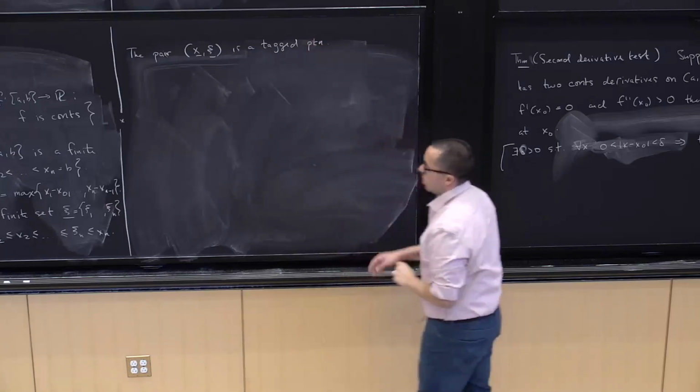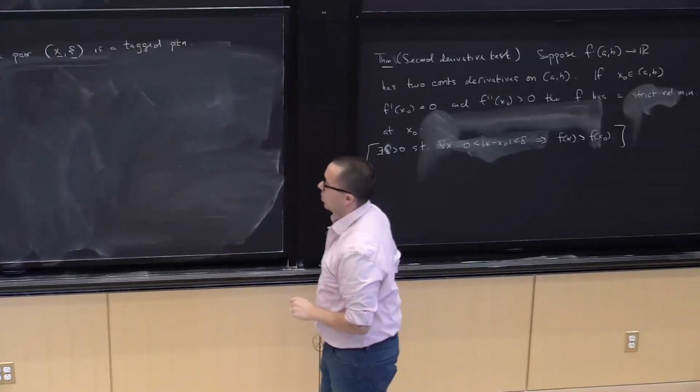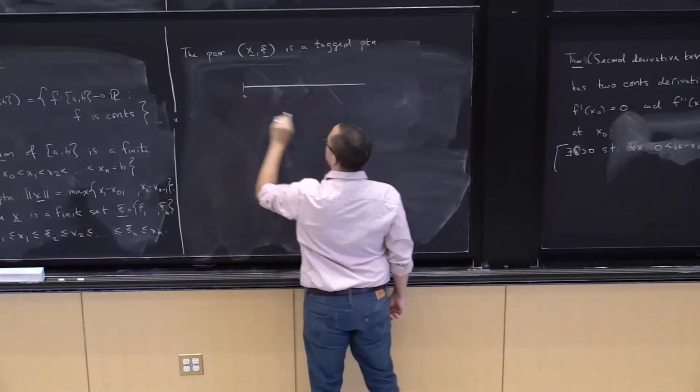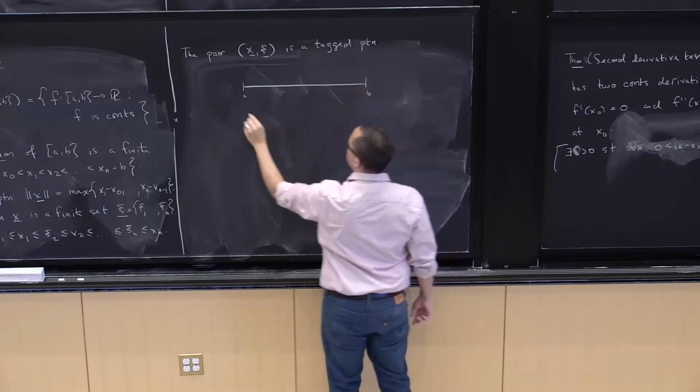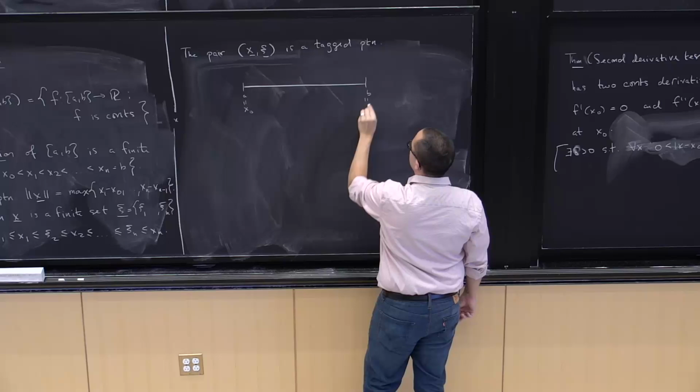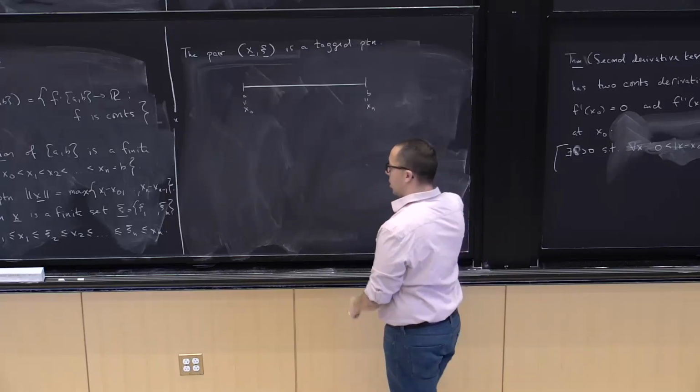Okay, although maybe it looks a little bit fancy, it's not. A partition is where you take your interval [a,b] and cut it up into pieces, with your first point always being a and your last point always being b.